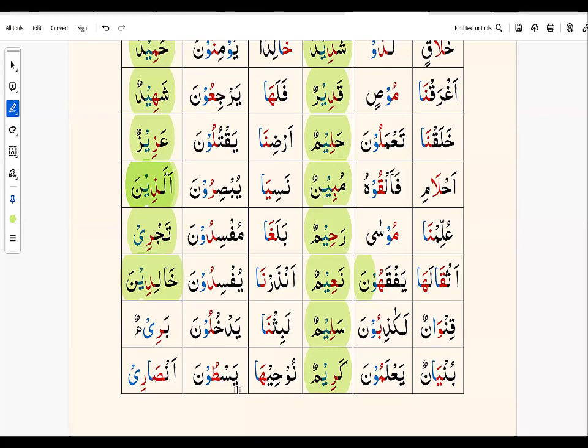Can you tell me what rule we need to follow whilst performing ya madiyah? So if the letter before another letter sounds like it has a, you have to join it. So very well, really good job.